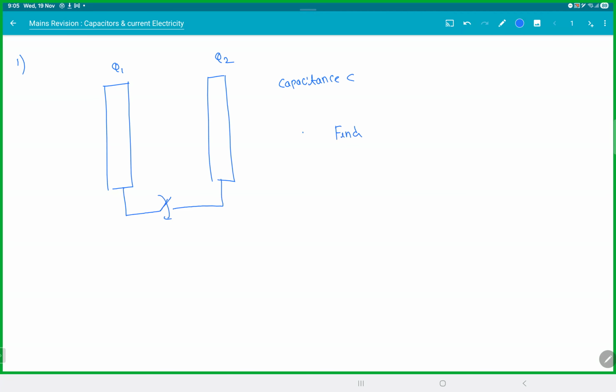Find the initial potential difference when the switch is open. Find heat produced when the switch is closed.